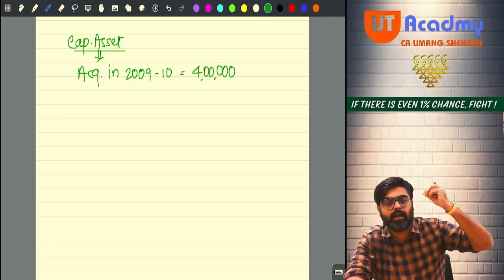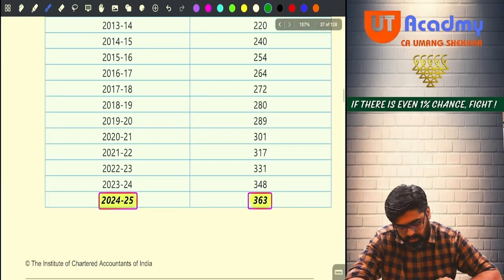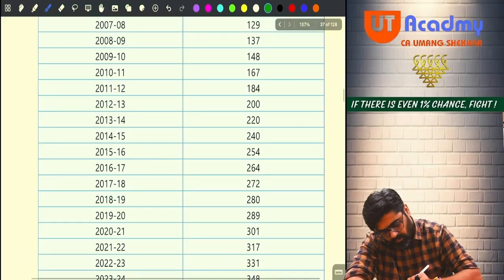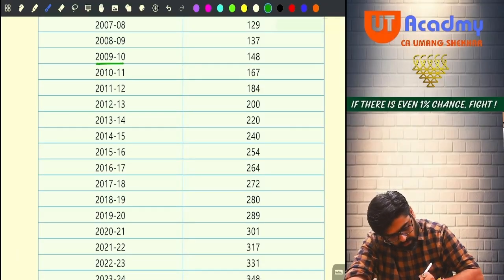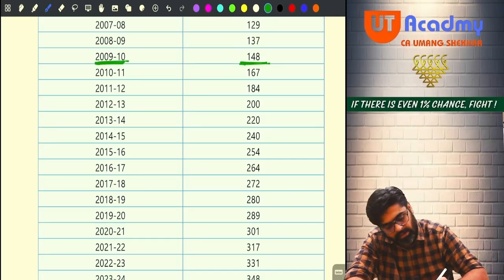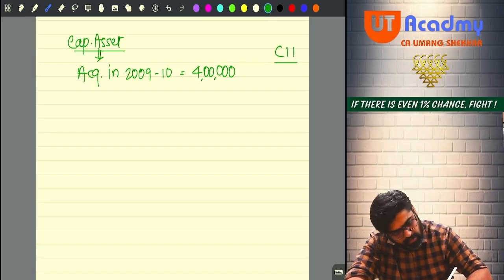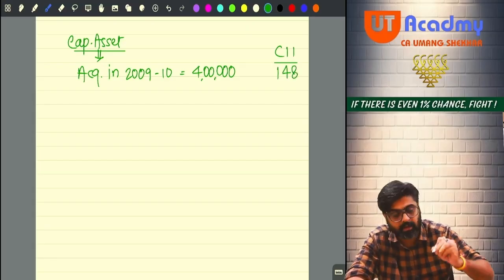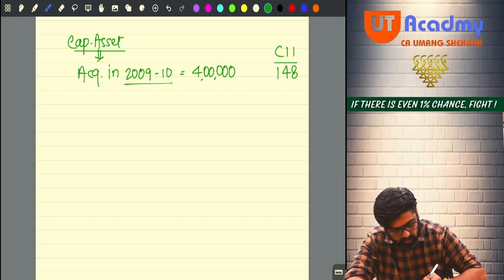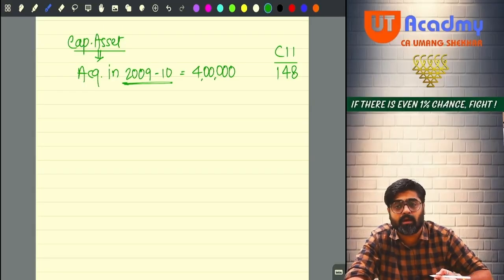What was the CII in the year 9-10? Let's check. In the year 9-10, it was 148. So when CII was 148, I had incurred a cost of rupees 4 lakhs.